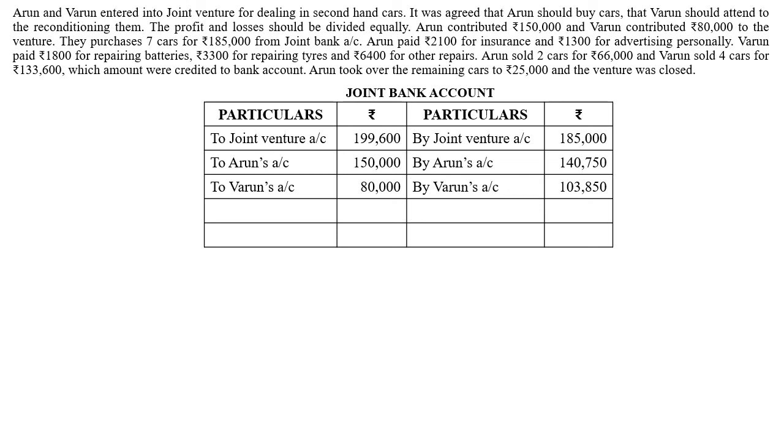So your joint bank account should tally. Always your joint bank account will tally. So the total is 4,29,600. It is like a balance sheet, but you are not preparing a balance sheet. Why are you not preparing a balance sheet?